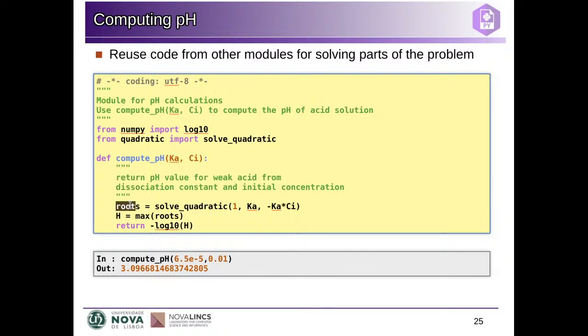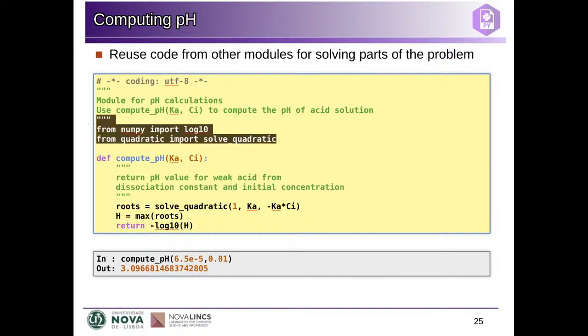And now we want the maximum value in that list, because we don't want the negative root, we just want the largest one, because that's the one that is physically meaningful in this case. And we return minus the logarithm base 10 of this hydrogen ion concentration. So you see, basically we have 2 or 3 lines of code to solve everything, because we are reusing code from other modules.